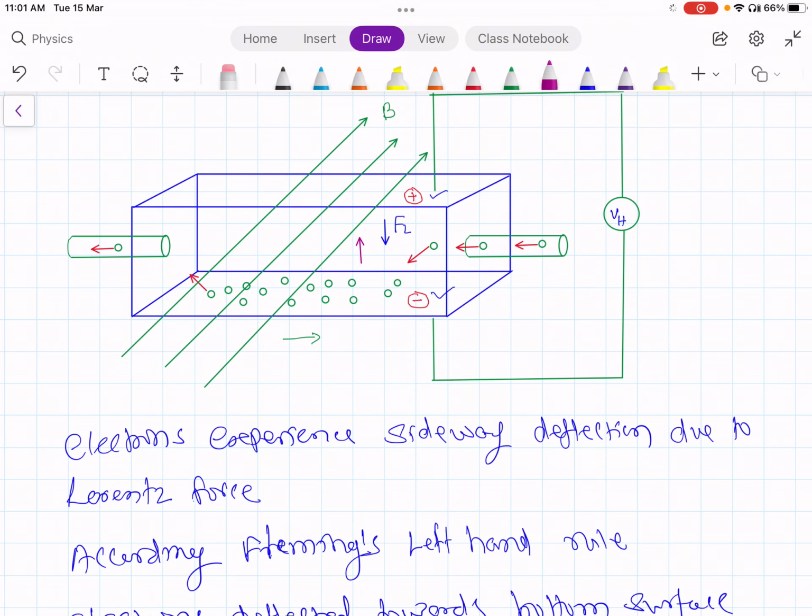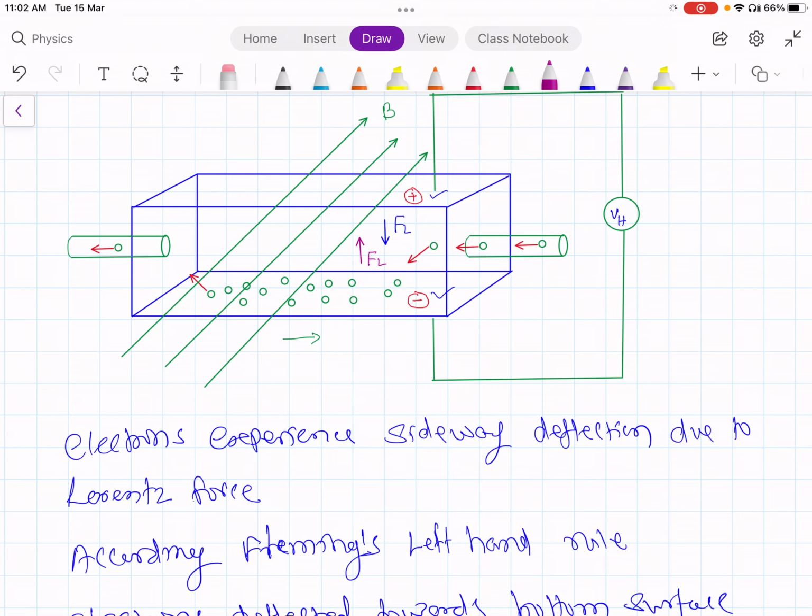So the direction of electric force would be opposite to Lorentz force. And this force opposes further piling of electrons at the bottom surface.